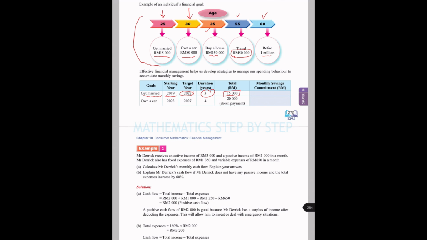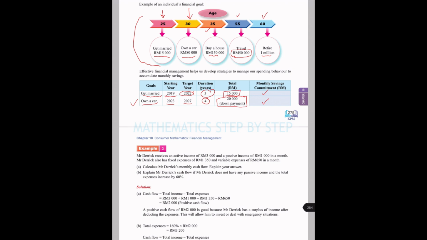So how much will he commit for saving every month? Then to own a car, 4 years later, from 2023 to 2027, he will prepare to pay 20k for down payment. Again he will need to plan how much to save from his income so that he can achieve this goal in 4 years' time.